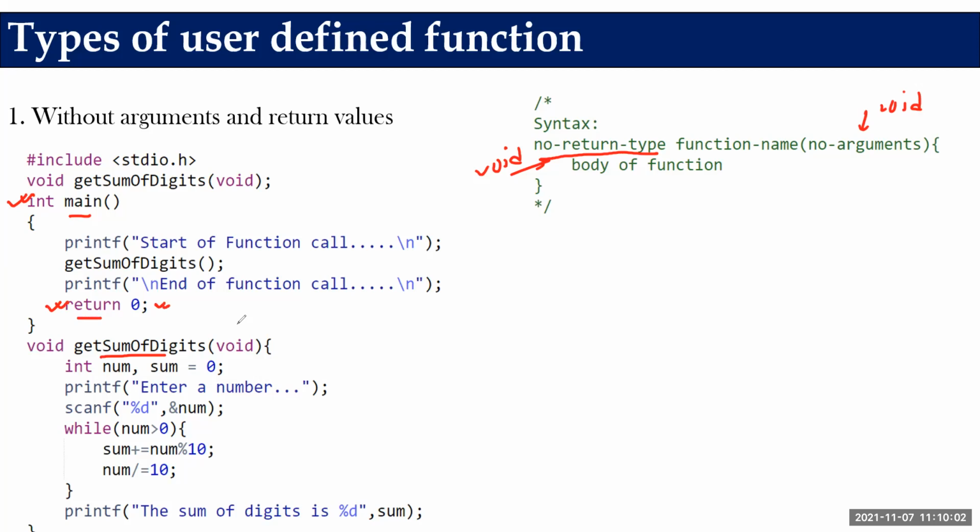But this particular function, getSumOfDigit, doesn't have any argument, nor does it return anything. So the return type is void. Now see, there is no return statement.